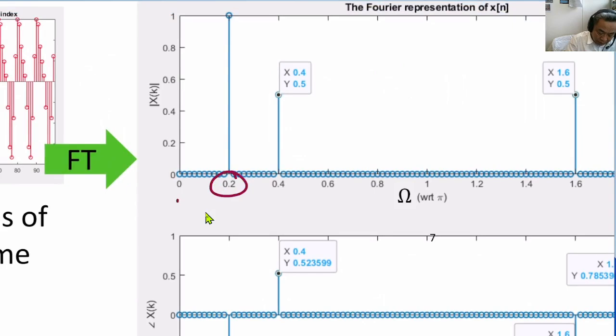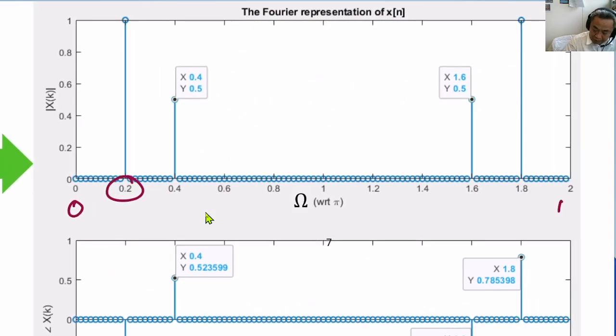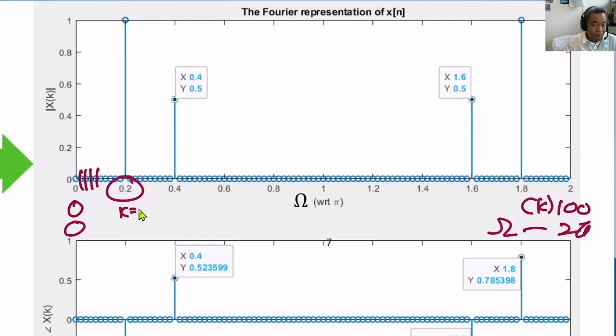The numbering is 0 to 100. But remember, 0 to 100 means 0 to 2 pi. This is the k index, and this is the omega. Now, if we count how many points are in this interval, this one is k equals 10.